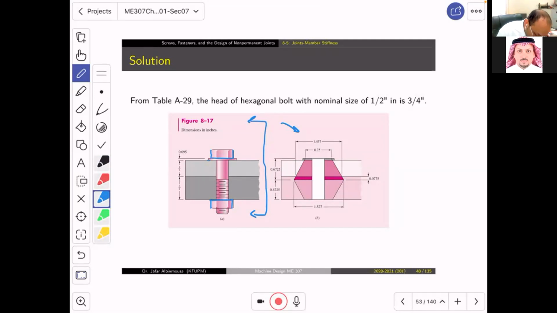So we know that clamping will start from the face to face. So what are we going to do? We see that from table A32, we determine that the washer has a thickness of 0.095. Okay? Then we were told in the problem that the thickness of the first plate, which is steel, is what?